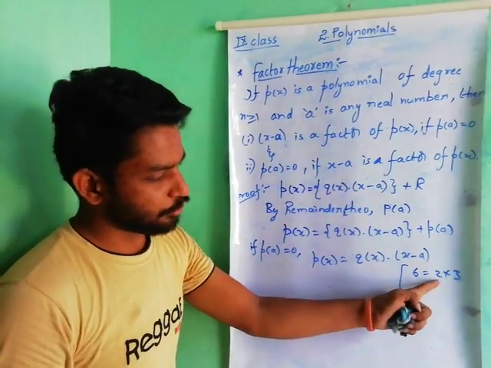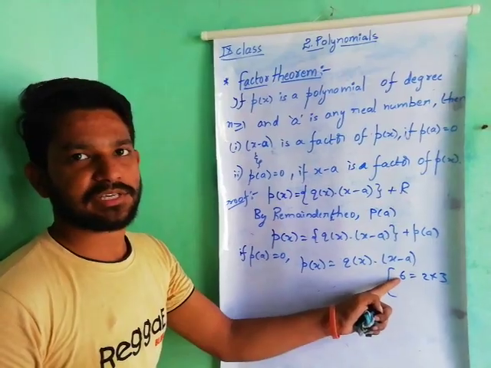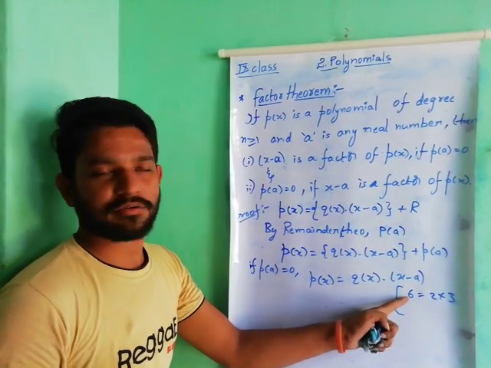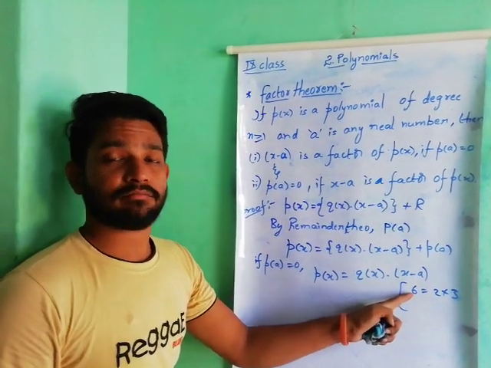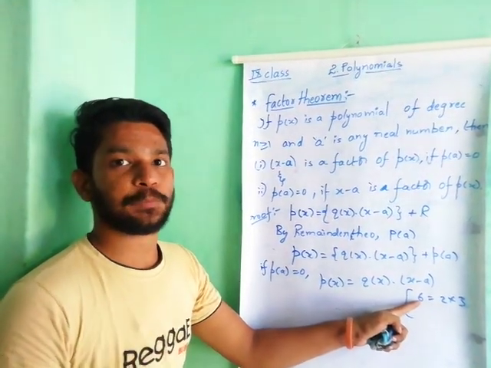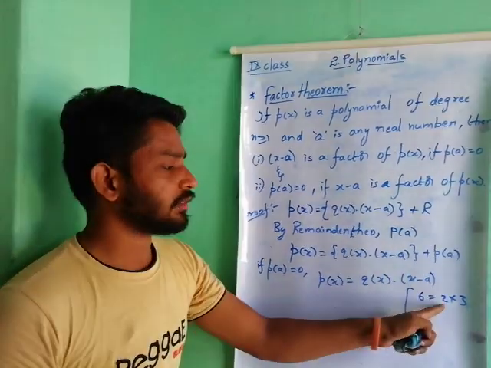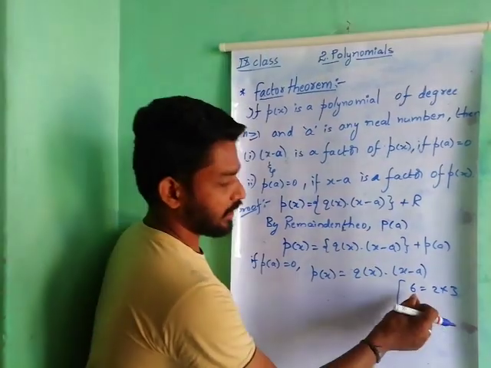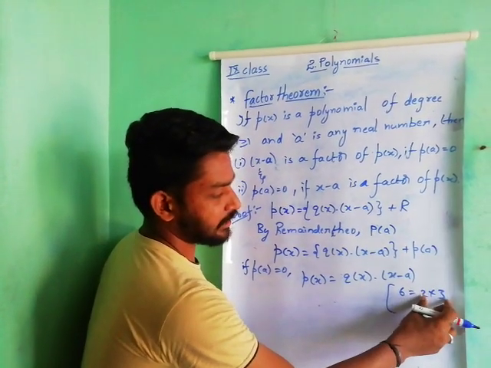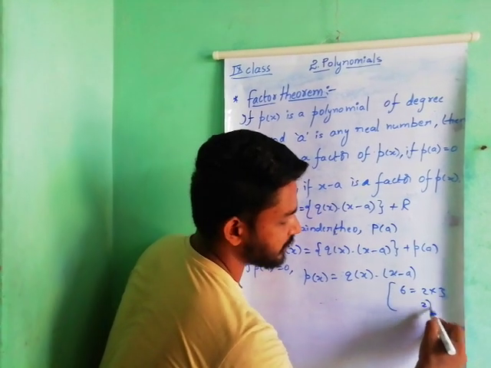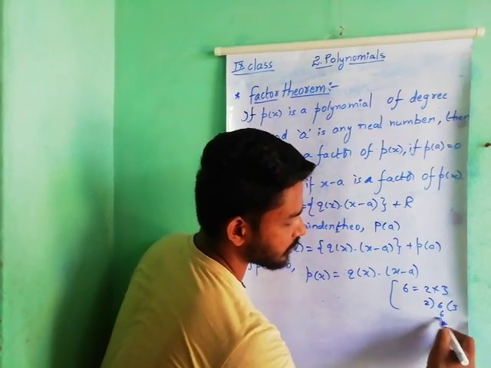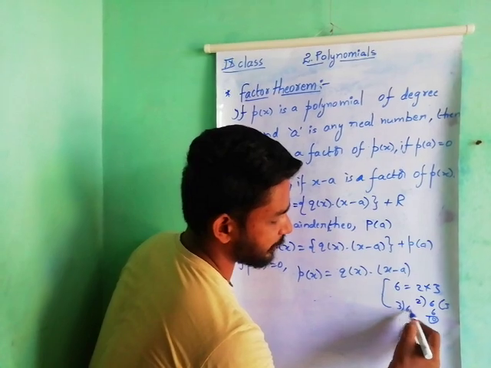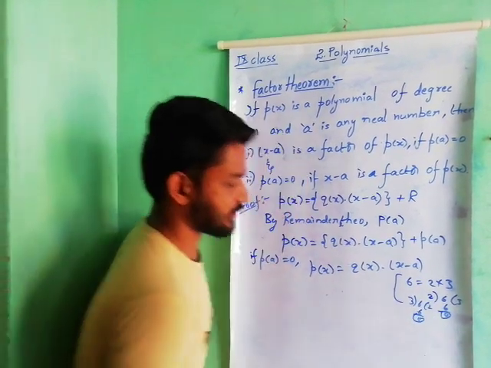Means 2 is a factor of 6 and 3 is a factor of 6. When a number is written as a product of two numbers, the two numbers must be factors of that number. Here 6 is split as 2 into 3, so 2 is a factor of 6, and similarly 3 is a factor of 6.